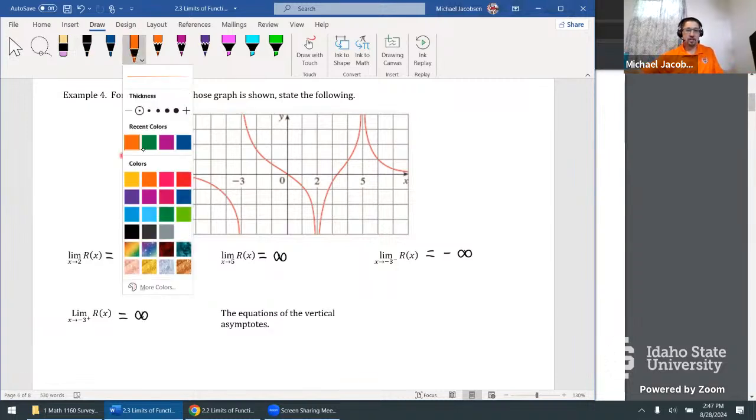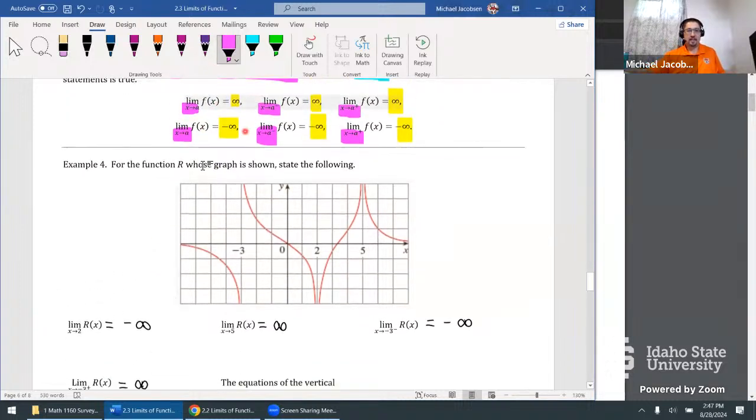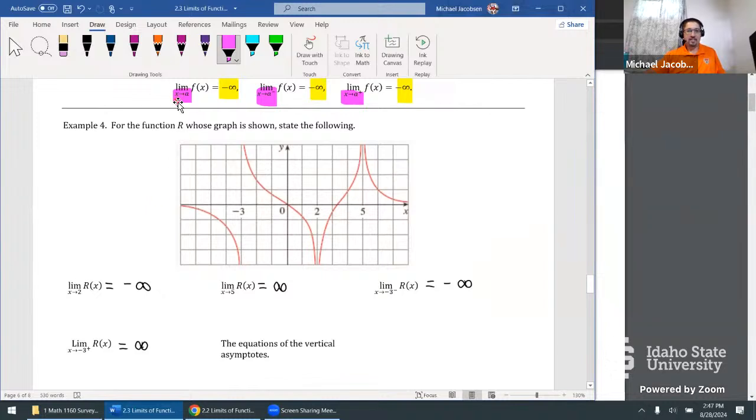And really, it's kind of just a rehash of what we were looking at before on our prior graph that we hand drew. But now we get to state the equations of our vertical asymptotes. Really, all we need to look at is where we got our infinities, much like we were seeing up here. Once you find the infinities, grab the values x was approaching.